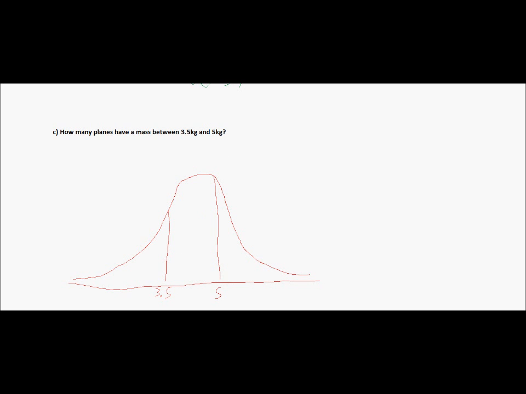When you find the z-score of 3.5, it gives you everything that's here and back. So it gives you all of this. And when you find the z-score of 5, it gives you this and everything below this, including this little brown area over here. So in order to find between them, you need to find the z-score of 5 and then subtract off the z-score at 3.5, so you only get this area in here.